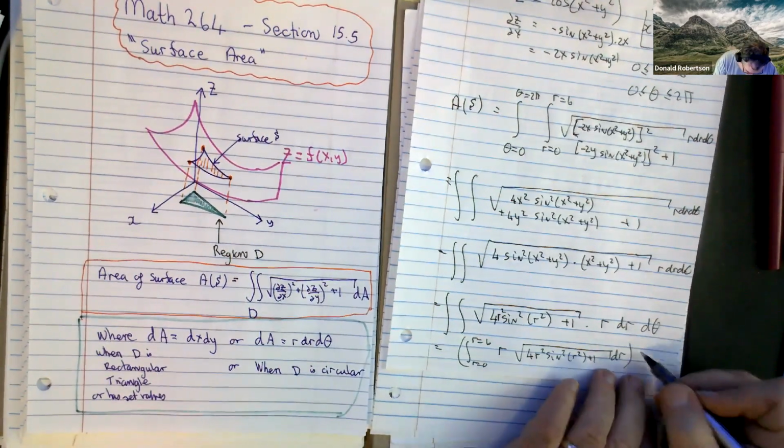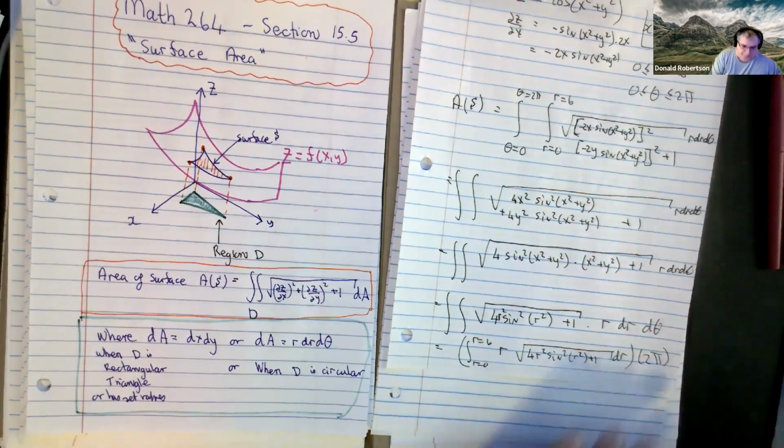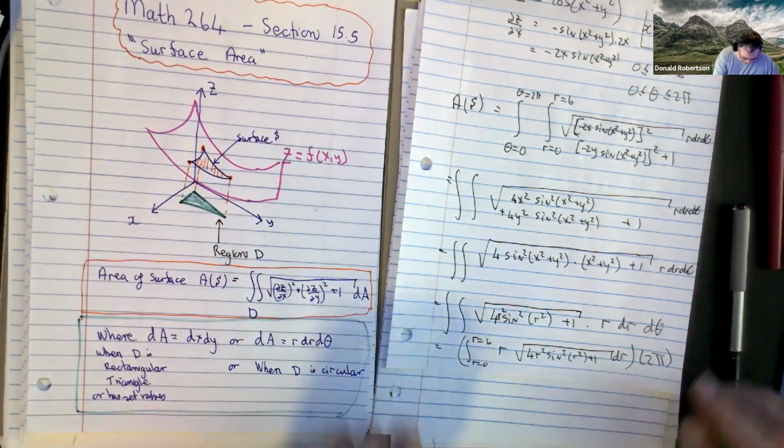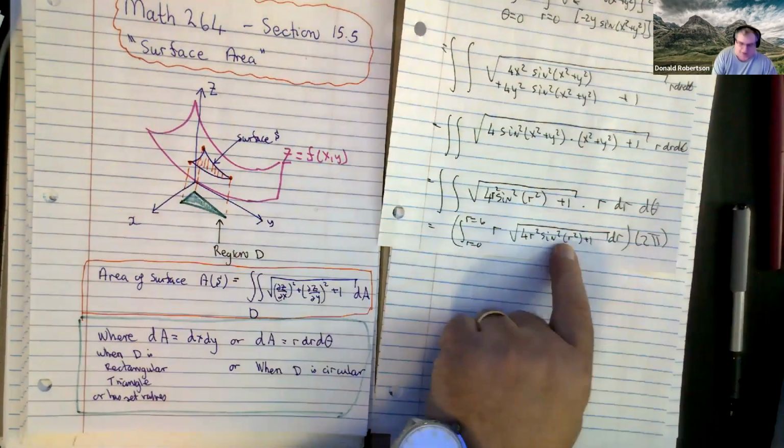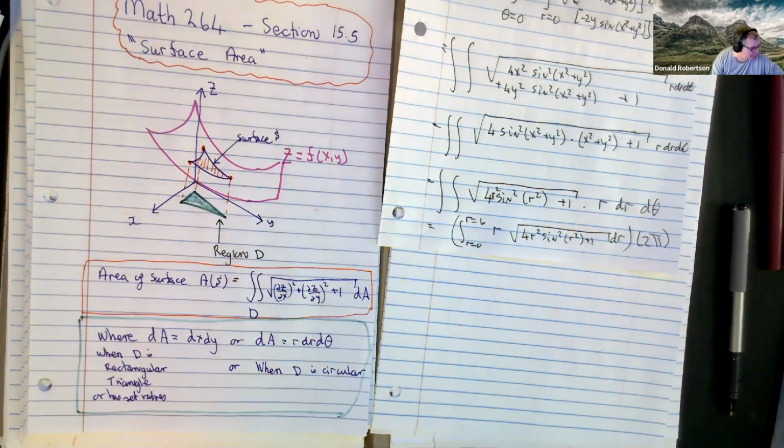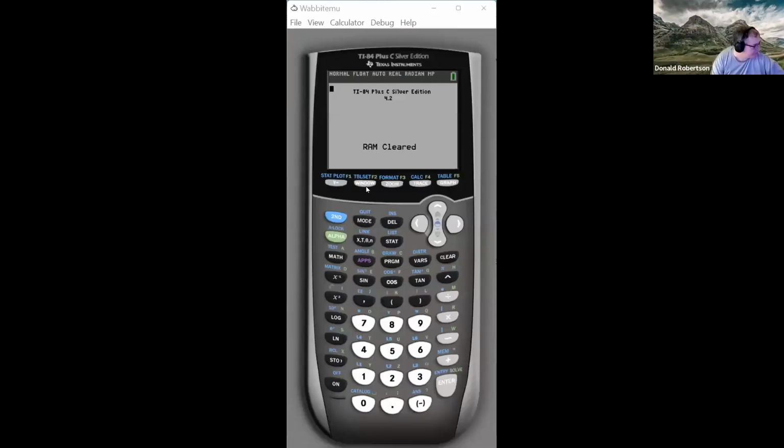And times 1, I'll tag on a 2 pi. So how am I going to get that fella done? Well, I'm going to use a calculator. So I'm going to nip over now and just remind you how you get areas under curves using a calculator.